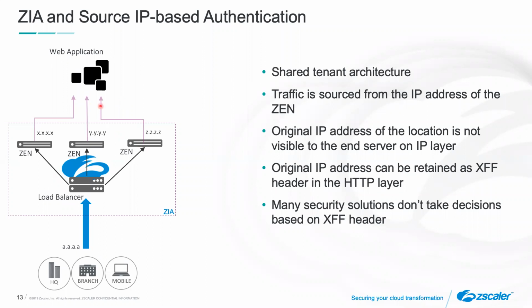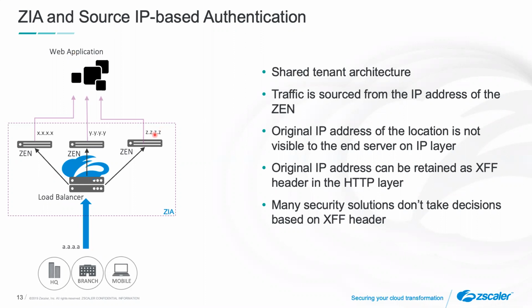Now, when it does that, it uses the source IP address of the ZEN itself. So the original source IP was a.a.a.a, but you won't see that anymore because the ZEN would forward the traffic as z.z.z.z. So what the web application sees as the original source IP is this IP right here.